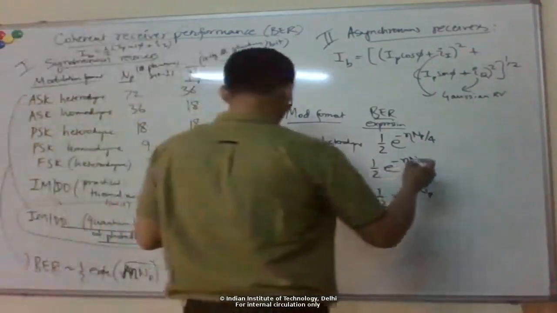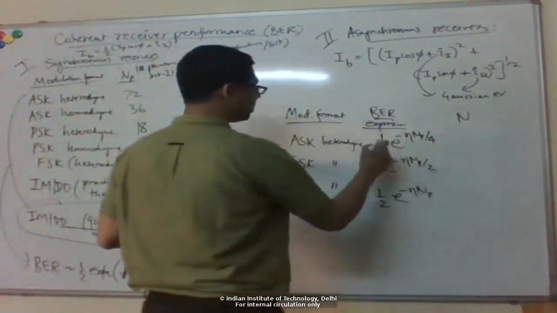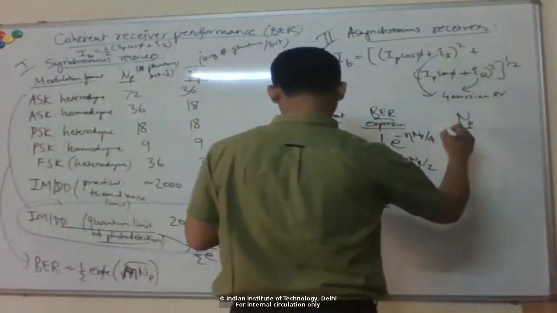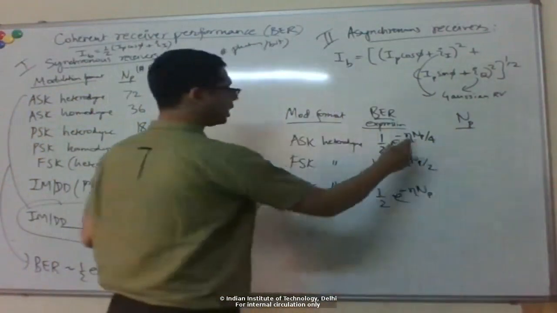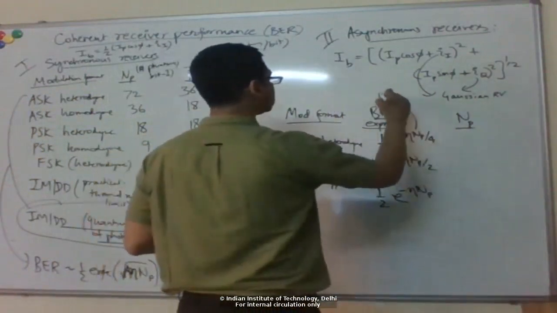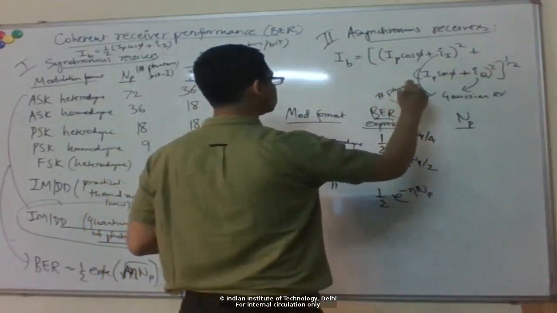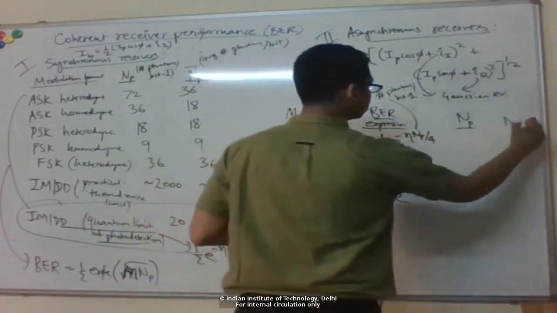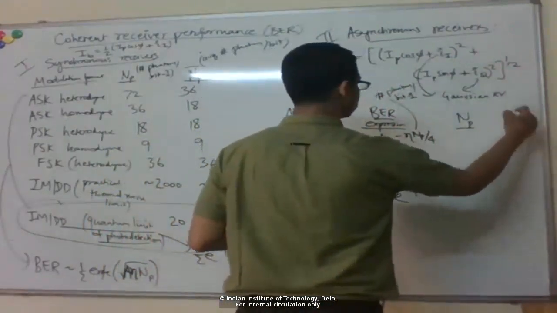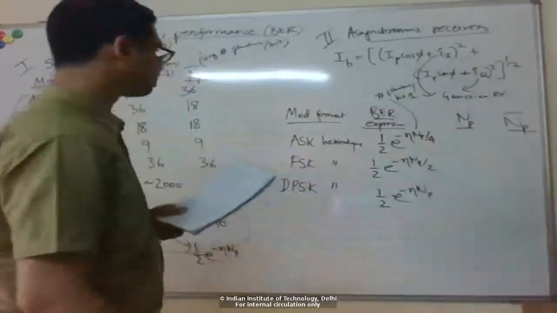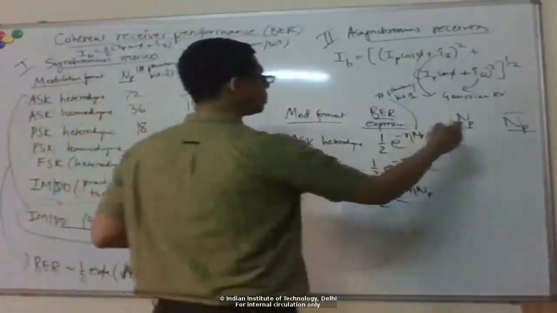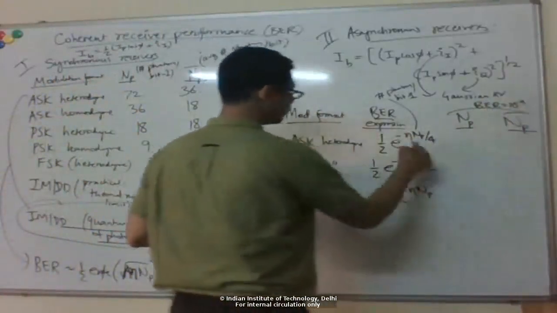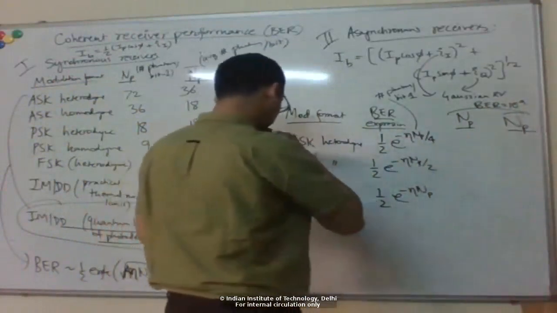Okay, so now again we can say, what is the number of photons I need for BER 10 to the minus 9? So I could have a receiver sensitivity here for NP. Now NP here is the number of photons in bit 1 again. And then the average will be the average over bit 0 and bit 1. So if you put BER equal to 10 to the minus 9, you equate this expression equal to 10 to the minus 9.